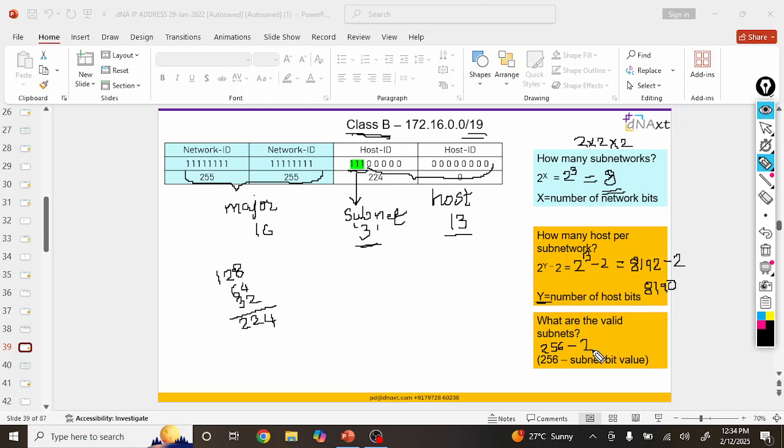When we subtract 224 from 256, we will get 32 as the valid subnet. So there will be an increment of 32 in the third octet, as subnet bits are borrowed from the third octet.